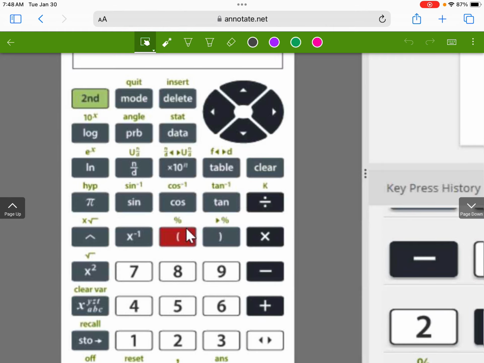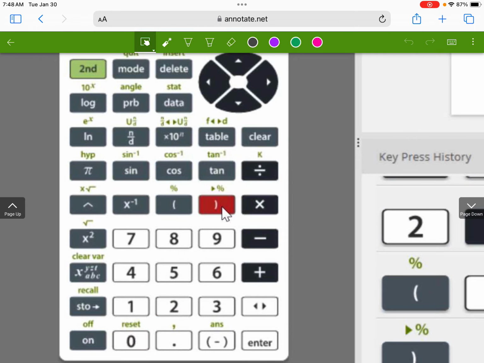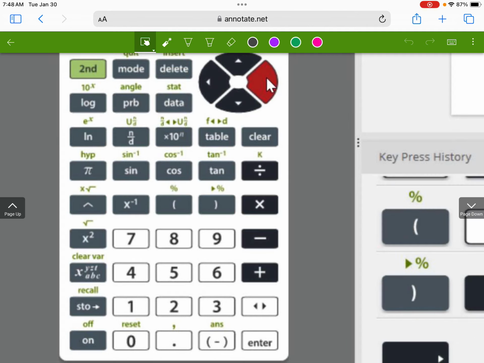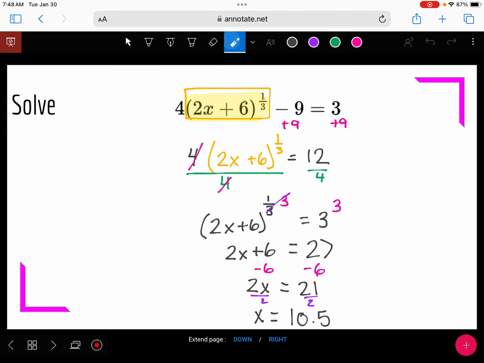Number 4 times our quantity, 2 times our x, which is 10.5, plus 6 to the power of the fraction 1/3 minus 9. And we get 3, which is exactly what we had here.